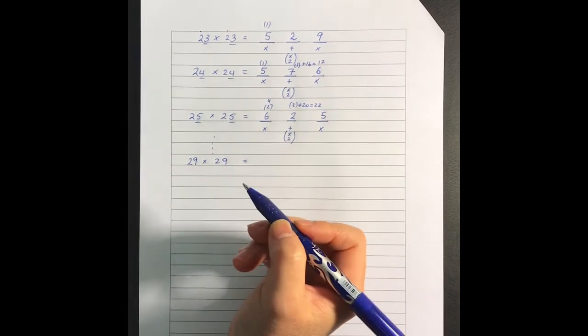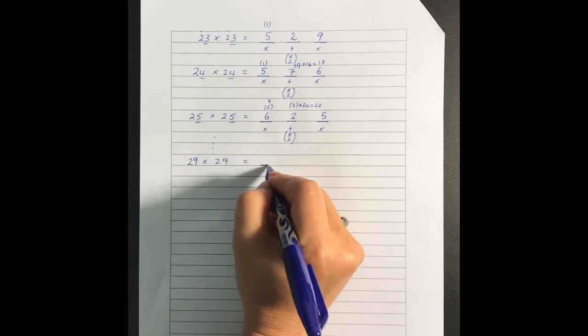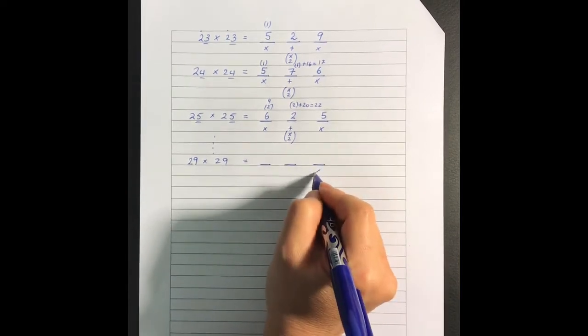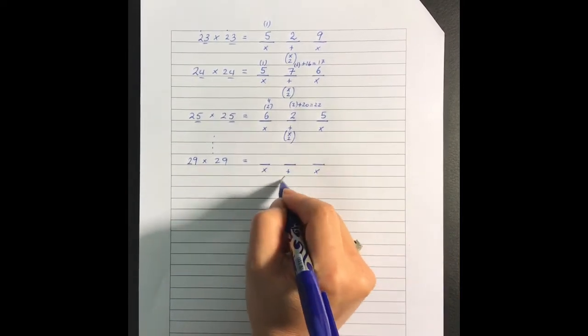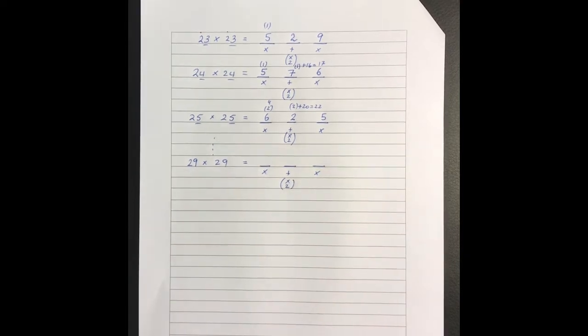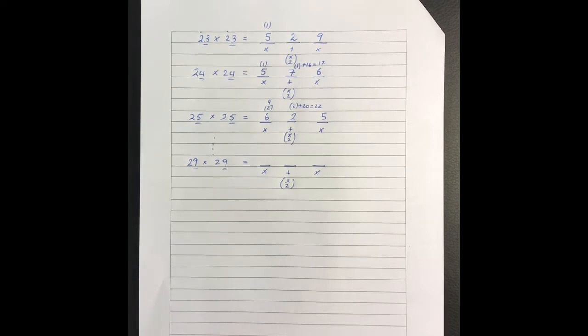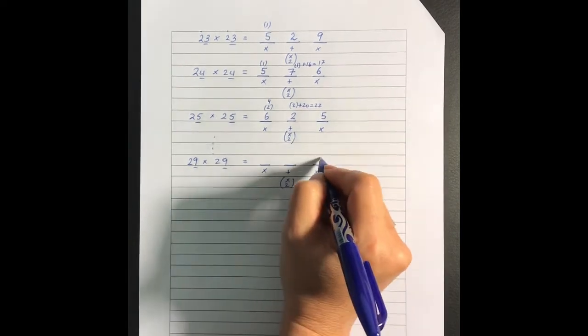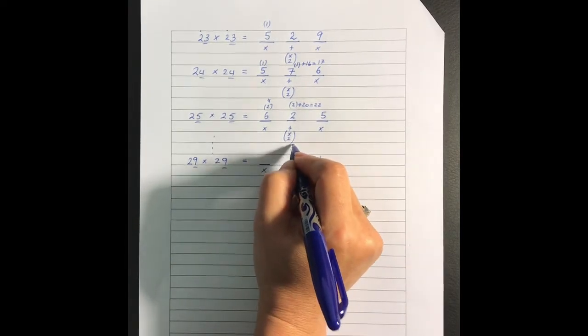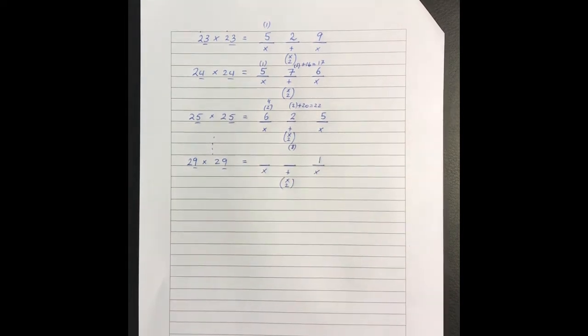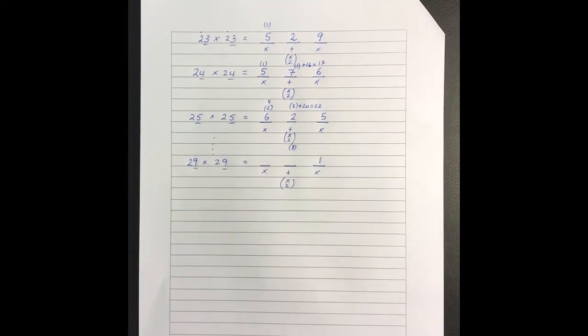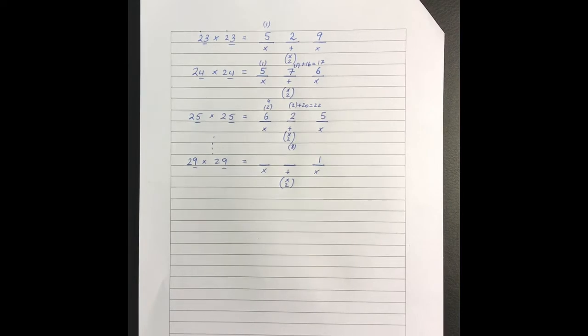Let's have a look at 29 times 29. See what happens with that. So that's times plus times. Let's not forget the doubling up, the plus. So let's have a look. 9 times 9 is 81. So 1 down and 8 up. And 9 plus 9 is 18. So 18, double up.